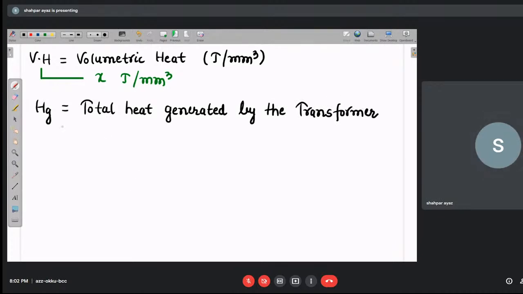This is also called your welding power. Hg is called your welding power, my dear.